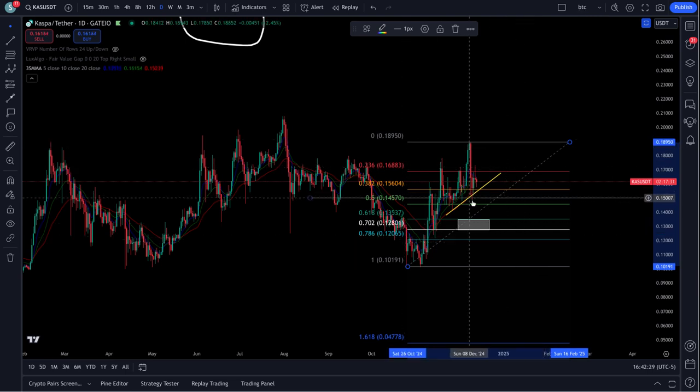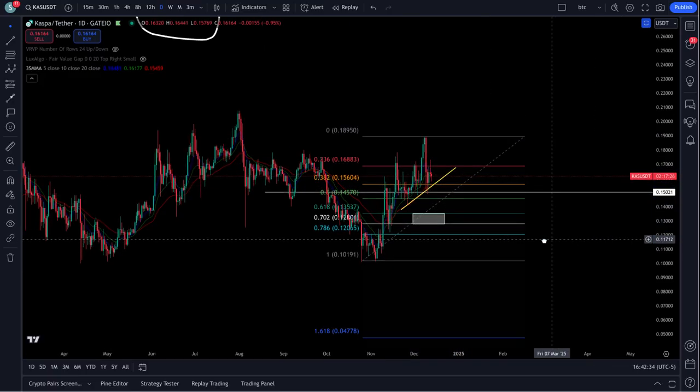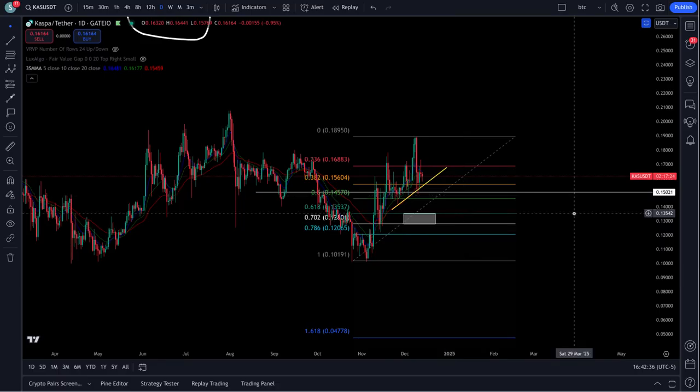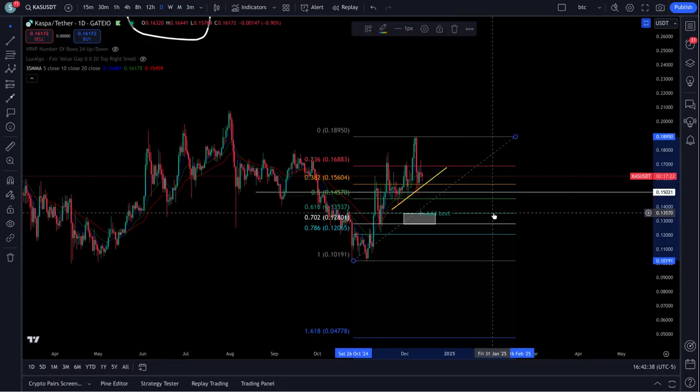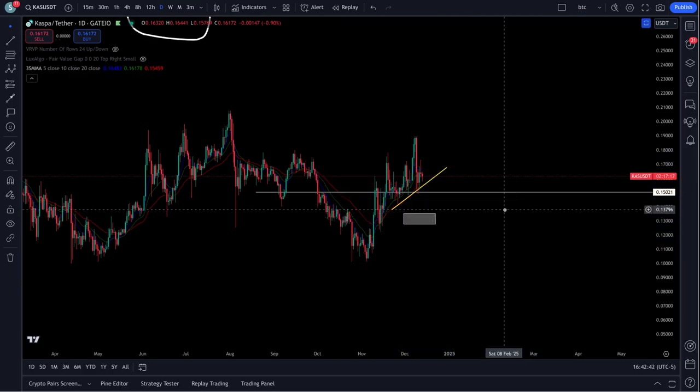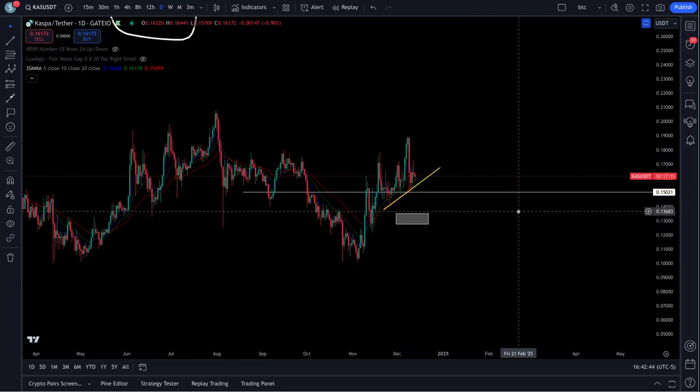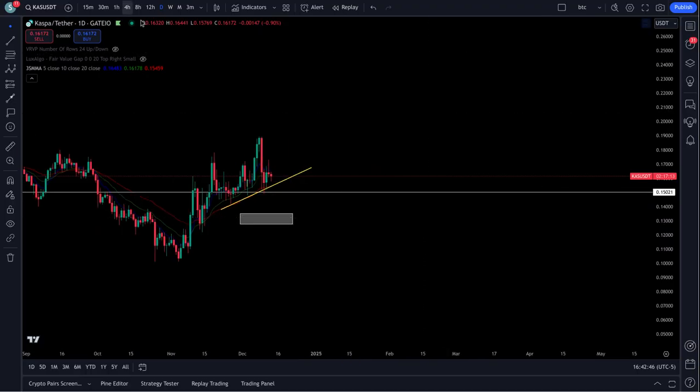This is very close to a 50% retracement here, which would be typical of a wave 2, the 382 to the 50%. Right now, I would probably put a pretty good guess this thing is starting back to the upside in here. Right, that's on a daily chart or weekly.